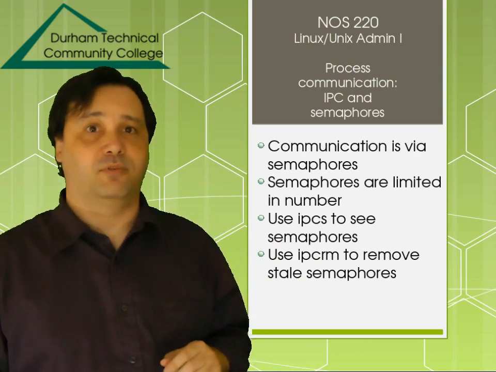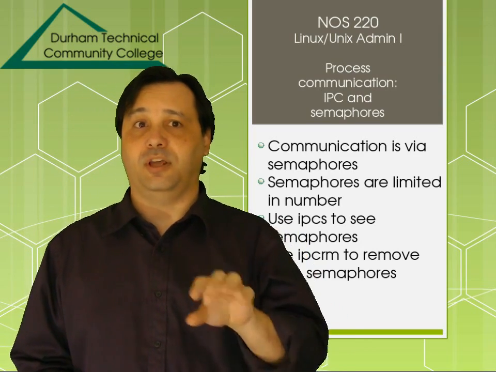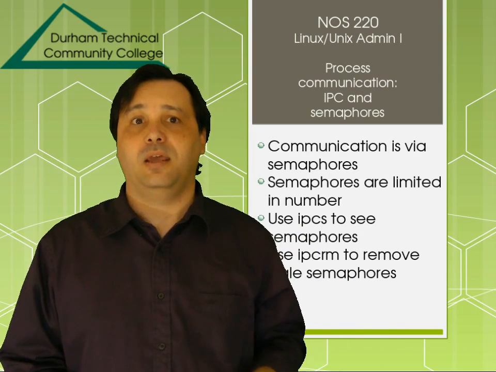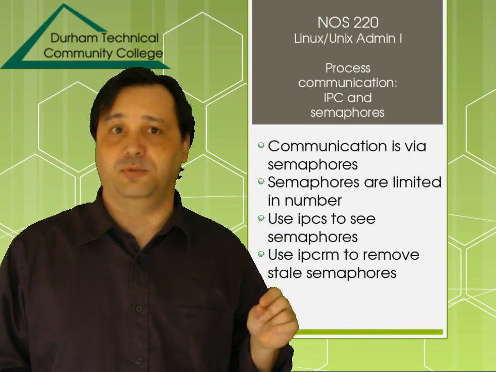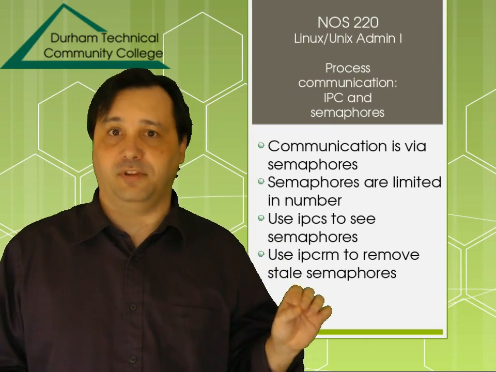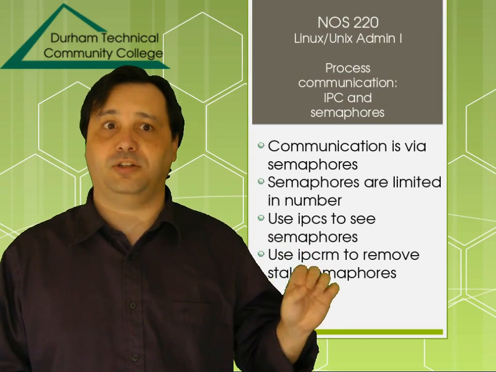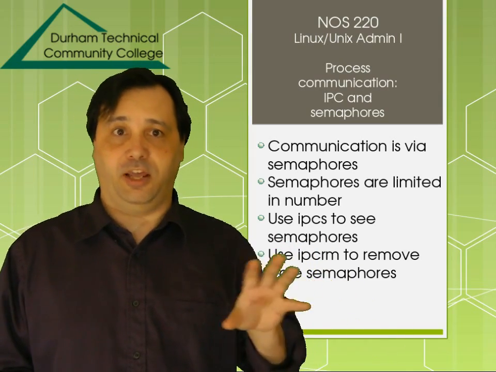Another basic aspect of processes that often gets overlooked is the fact that processes need to communicate with one another. In Linux, this is handled via IPC, or inter-process communications. The IPC system consists of a number of flags, or semaphores, that each process uses to alert other processes that communication is needed.